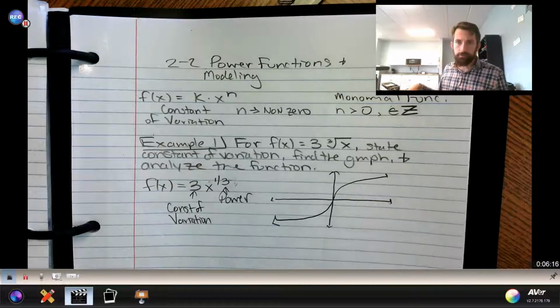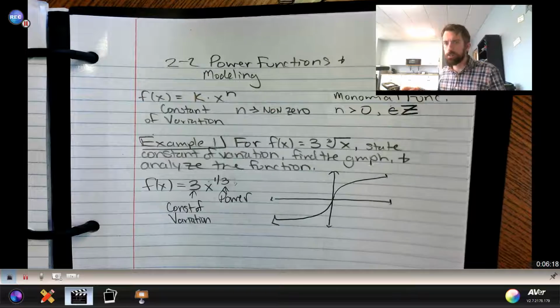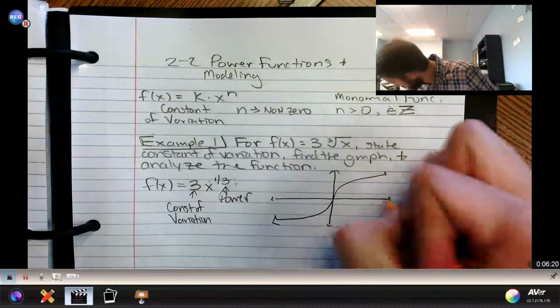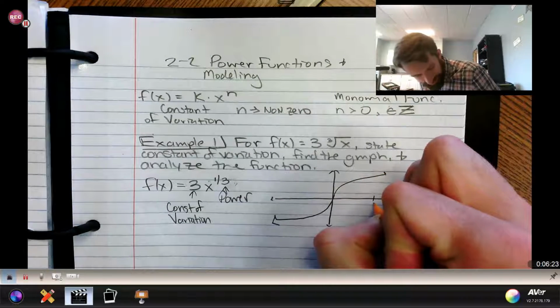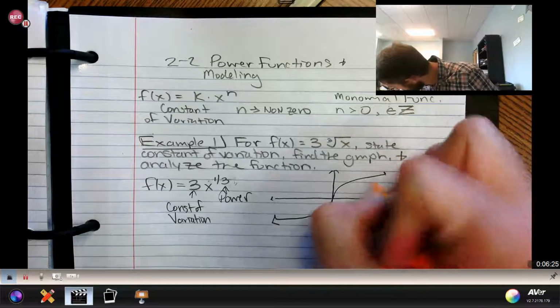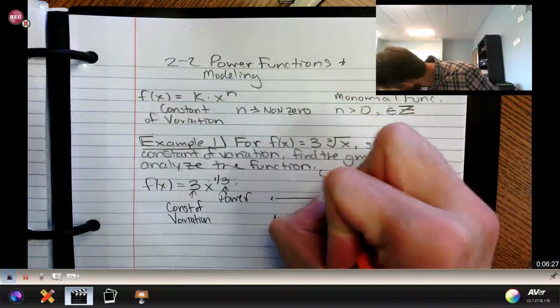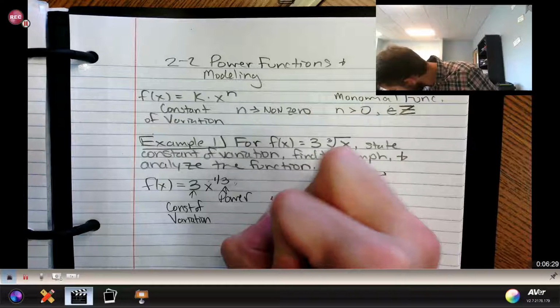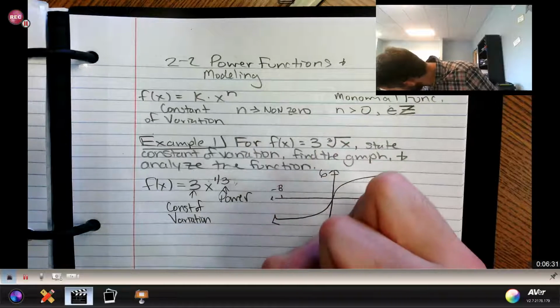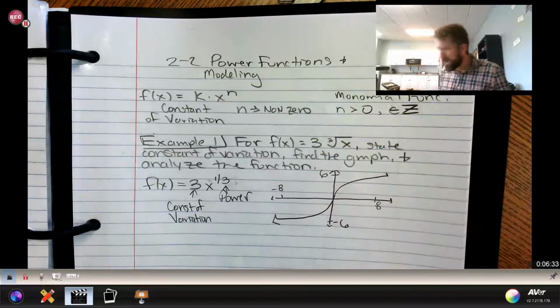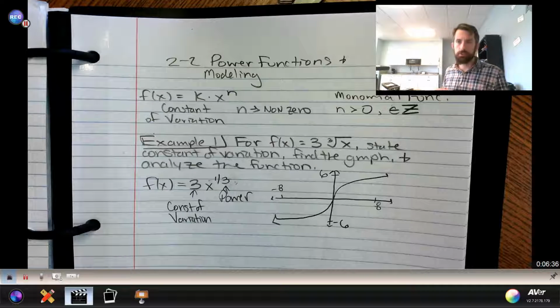This is an inverse of a cubic function. So like the point out here at 8 is going to be 6. Likewise, at -8, it is going to be -6. We can plug in some of those numbers so that we can get a good shape to the graph.